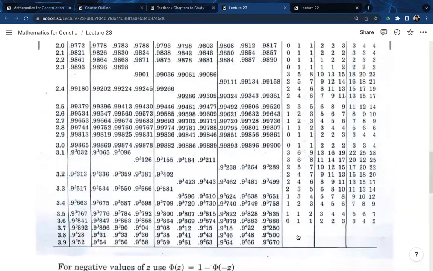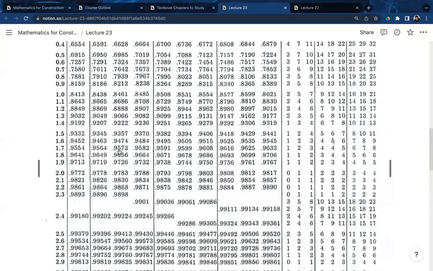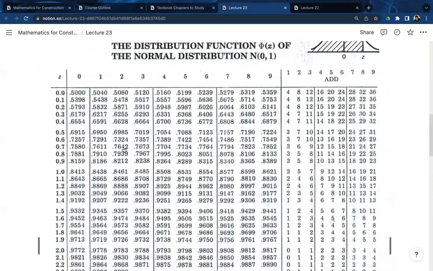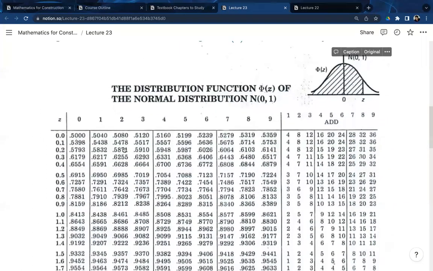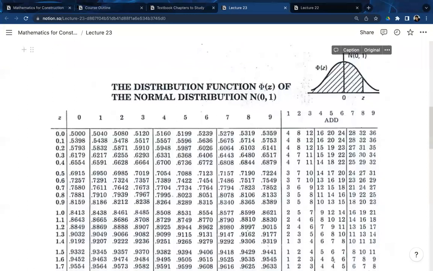So 9579, 9573 here, 9573 and 6. 9573 is 1.72, and if you add in 6, it's 1.727.